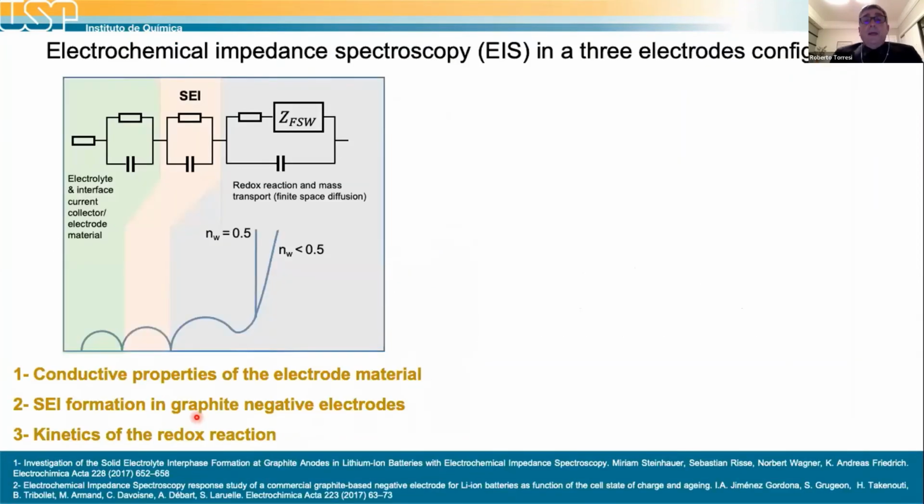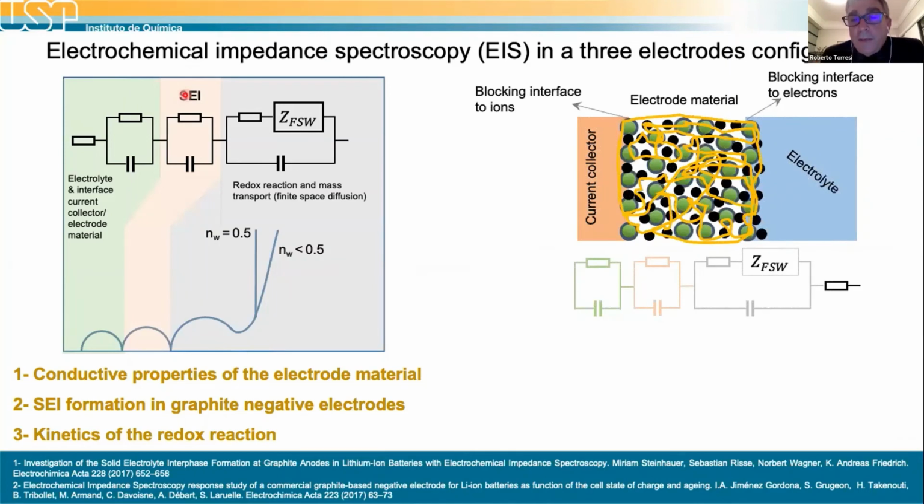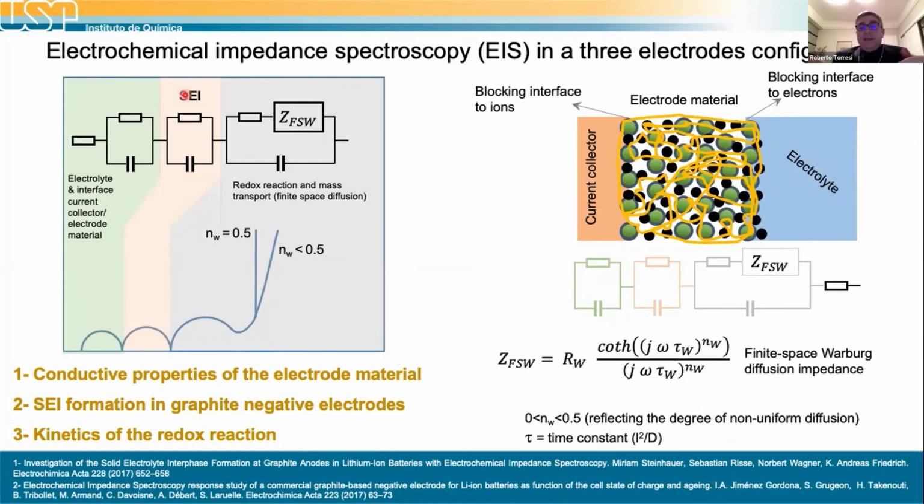So this is very, very good for all this system. To characterize this SEI formation in situ, we use impedance spectroscopy, and of course you can model it with an equivalent circuit that is related to different components: the current collector, the SEI formation, and all the redox reaction with the lithium intercalation.